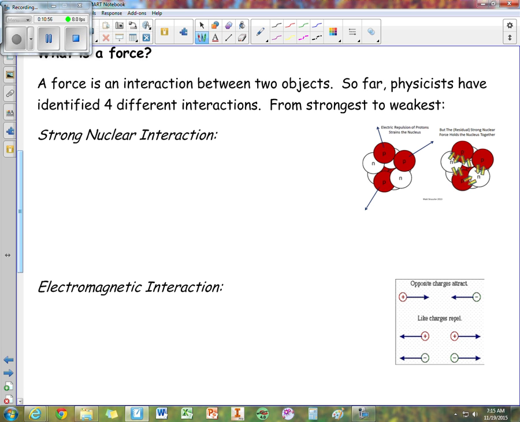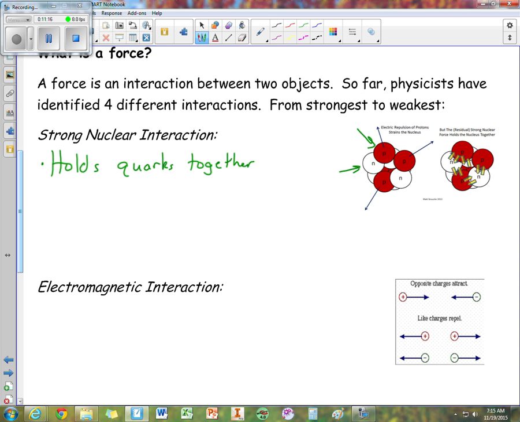It holds quarks together. If you think about it, the nucleus is comprised of protons and neutrons, so things that are positive and things that are neutral.